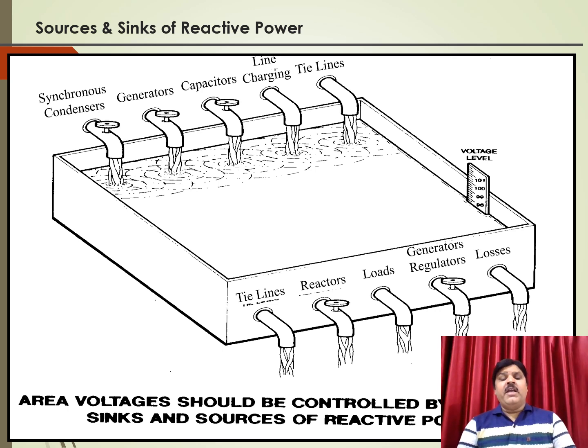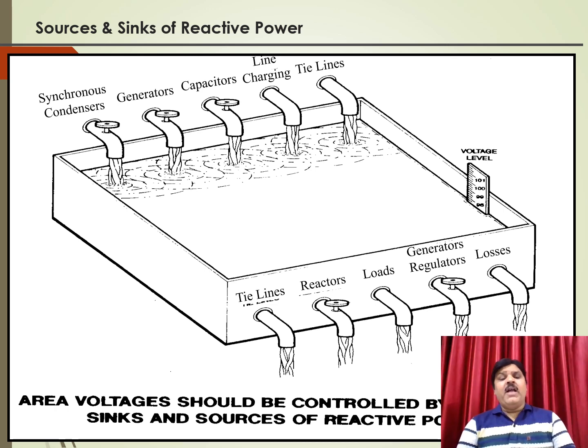Similarly, there are reactive power sinks: overloaded lines consume reactive power, and reactors, which are specially designed inductive coils, consume reactive power and control the high voltages in the substation as well as in long transmission lines.